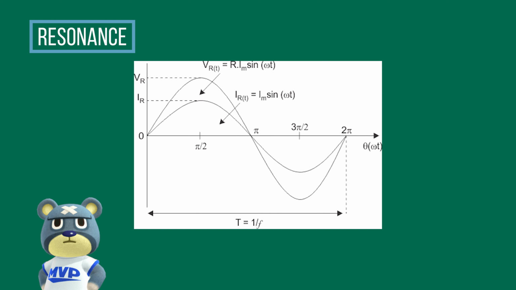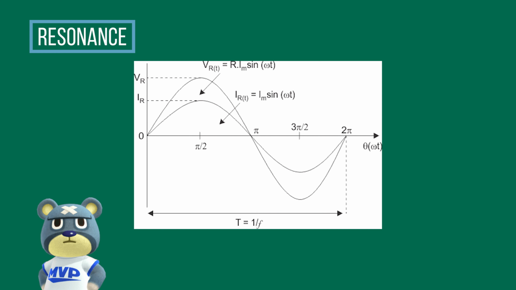Summary of the series RLC resonance circuit. For a series RLC circuit at a certain frequency called the resonance frequency, the following points must be remembered. At resonance, first, inductive reactance XL is equal to capacitive reactance Xc.